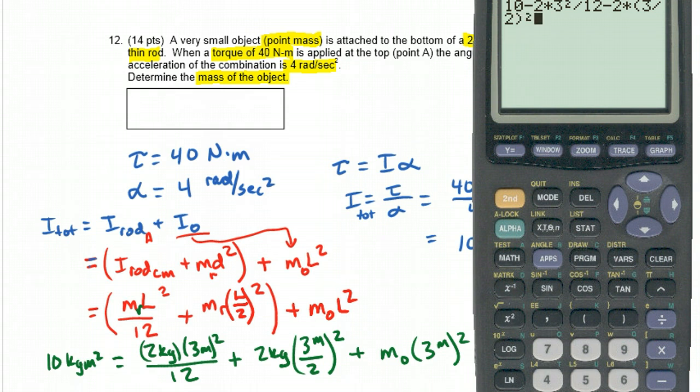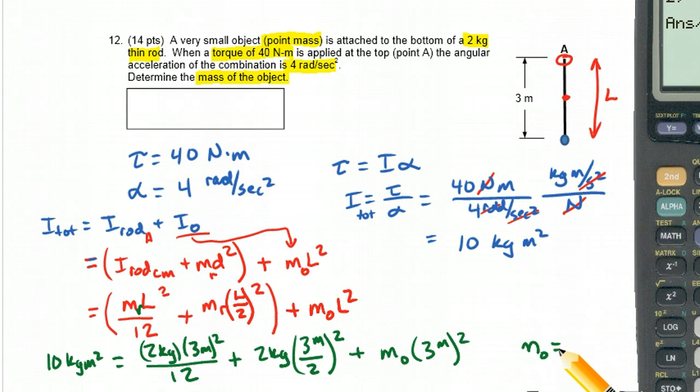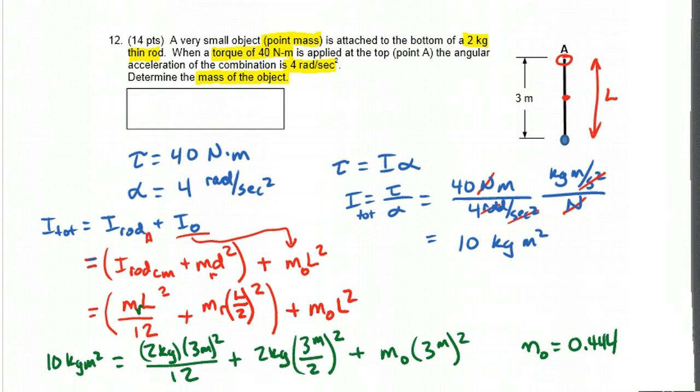Okay, so that will give me that minus that minus that, and I divide by 3 squared to get my m. Divided by 3 squared, 0.444. So the mass of the object equals 0.444 kilograms, so mass is going to be in kilograms.